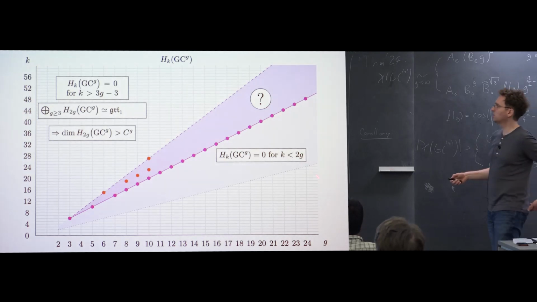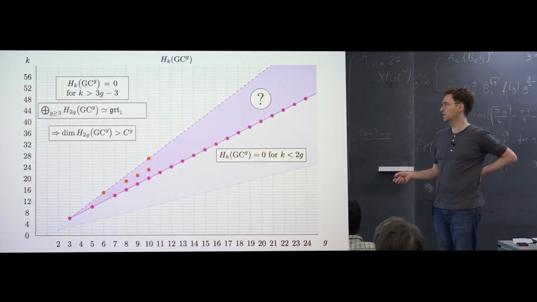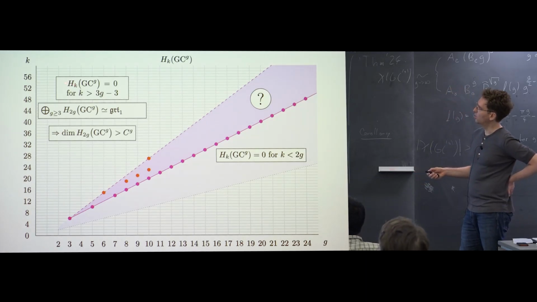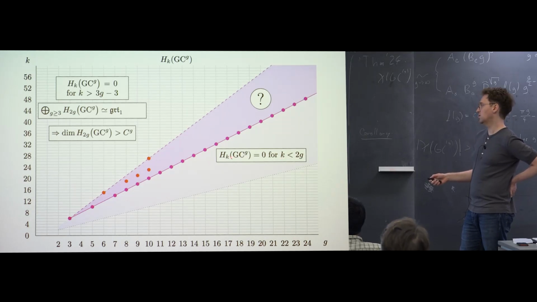Now we can look into everything that was previously known about this graph complex. So here's a picture. Again, this wedge down here shows this result by Willwacher that says that the graph homology vanishes if the degree is small compared to g. And then we have this pink line here, which is where this mysterious Grothendieck-Teichmüller Lie algebra lives.